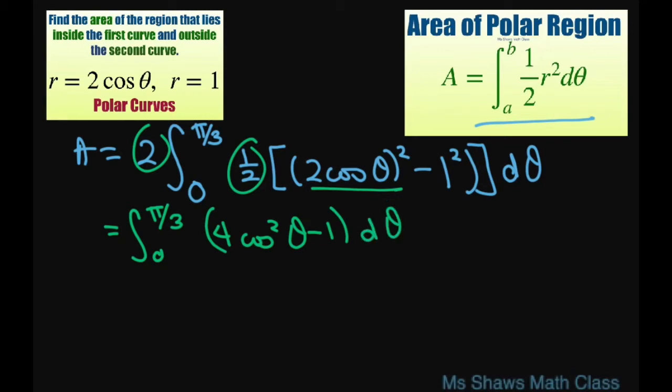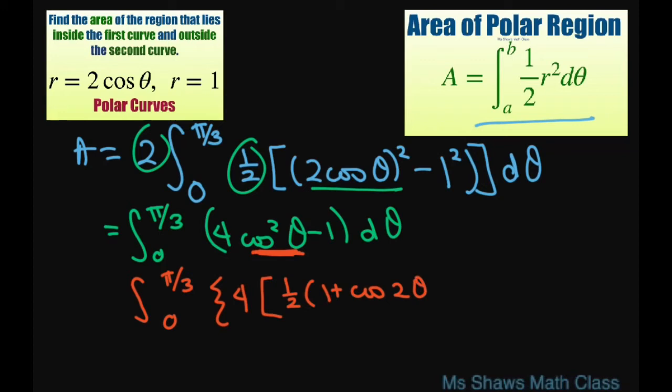Now for integration purposes, I'm going to use our identity. Let's go ahead and do this. Pi divided by 3. Let's pull out the 4 right here for now, and I'm going to use this identity, 1/2 times 1 plus cosine of 2 theta, minus 1 d theta.